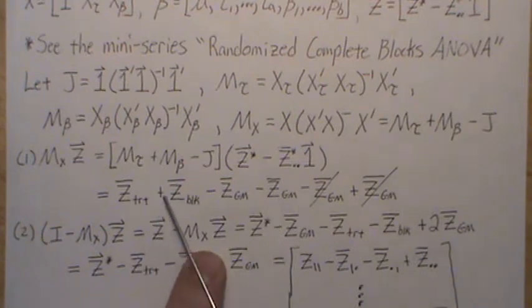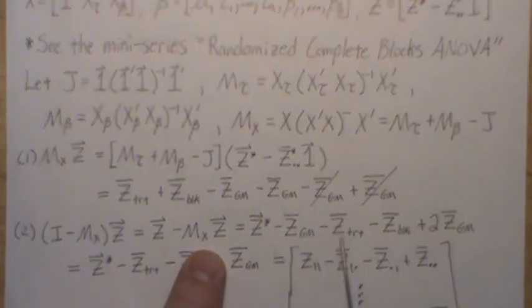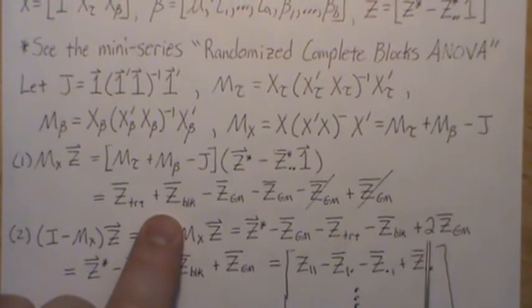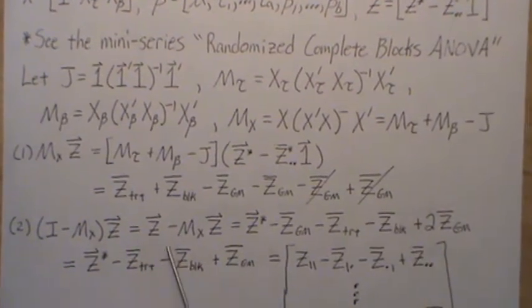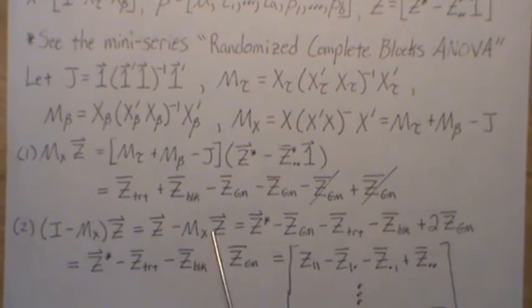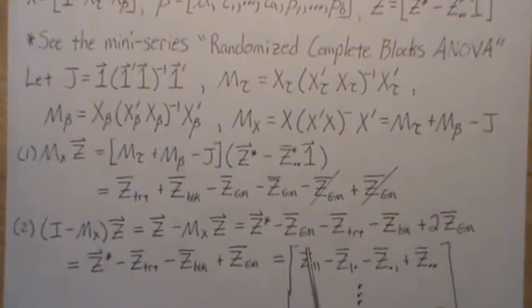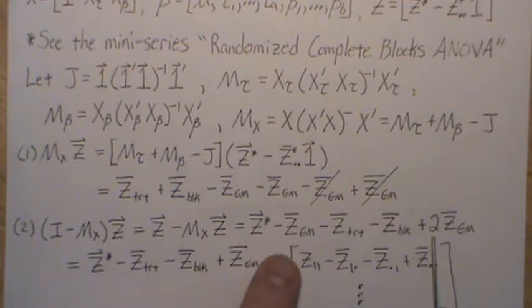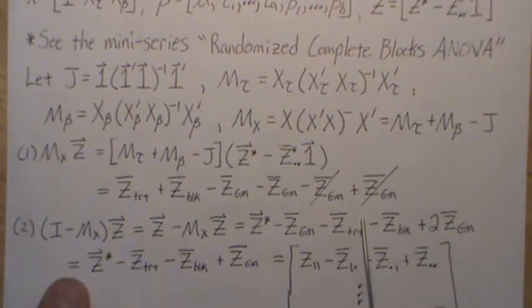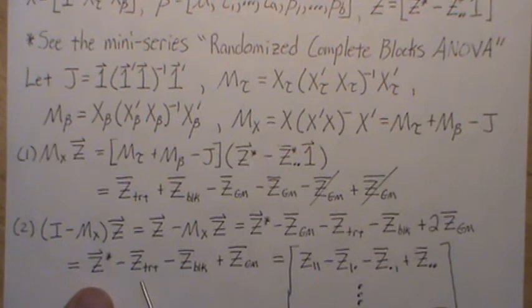And here we just derive that it's this. Now all the signs change because it's minus this. So all those little signs change. And I went ahead and put the 2 out front. Now, we have two of these minus one of them, so we're left with just one, and that's what this plus grand mean is. And then everything else carries down.